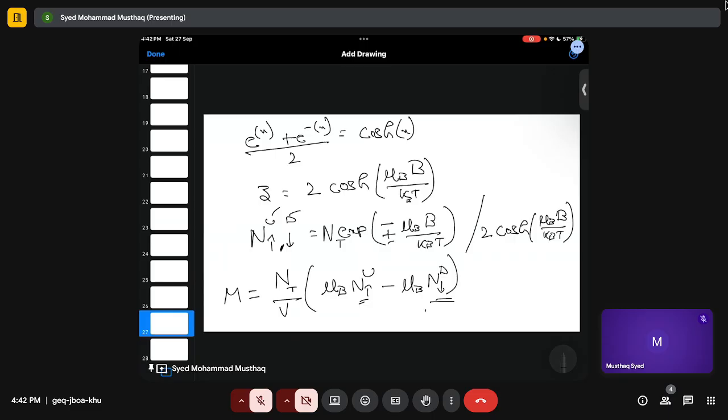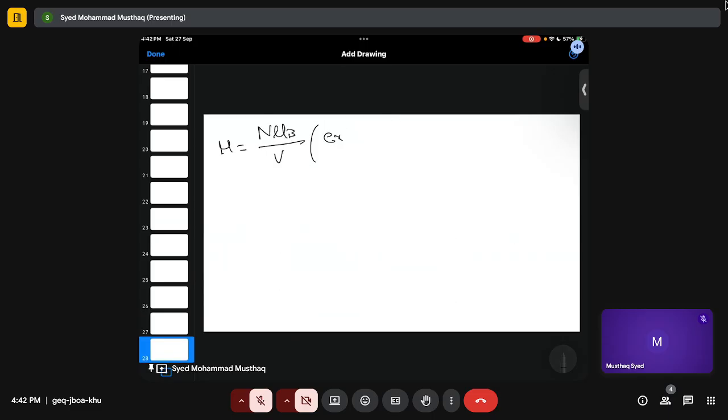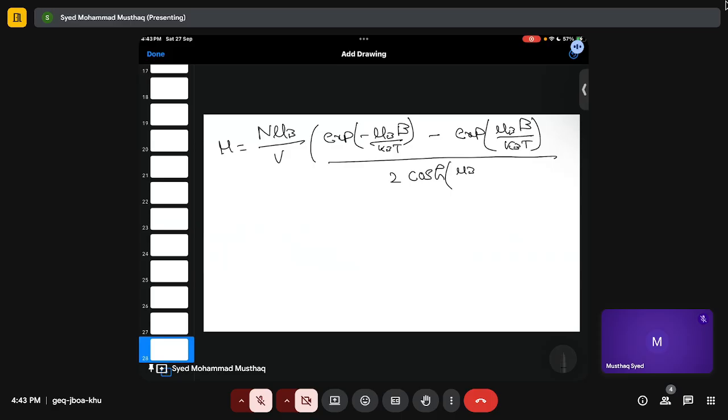n exponential of minus mu B upon kBT minus exponential of mu B upon kBT, over 2 cosh of mu B upon kBT.